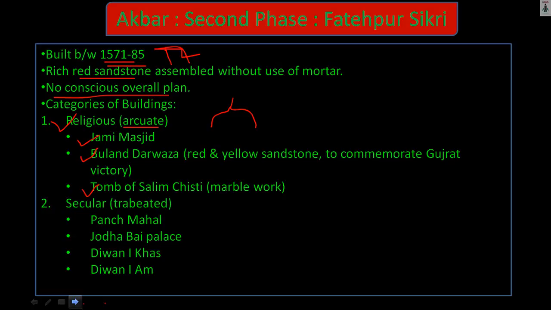Similarly, we had some secular architecture like the Panch Mahal, the Chhota Bhai Palace, the Diwan-i-Khas, Diwan-i-Am, Ibadat Khana, and so on. And finally, there are some miscellaneous structures like Hathi Pol and Caravanserais, but they are not as important as the earlier ones.